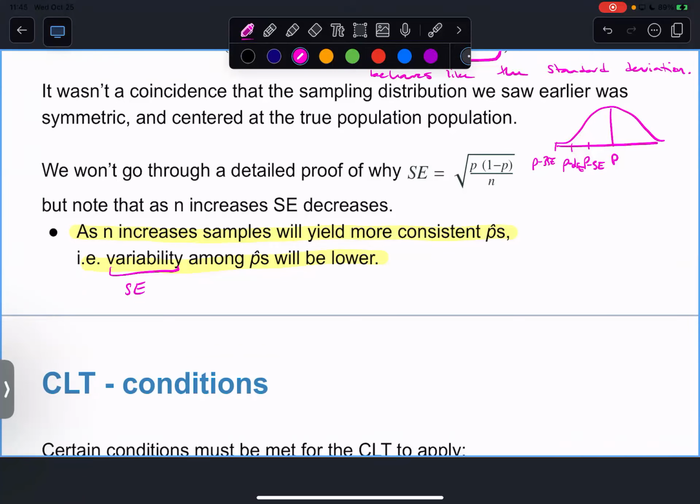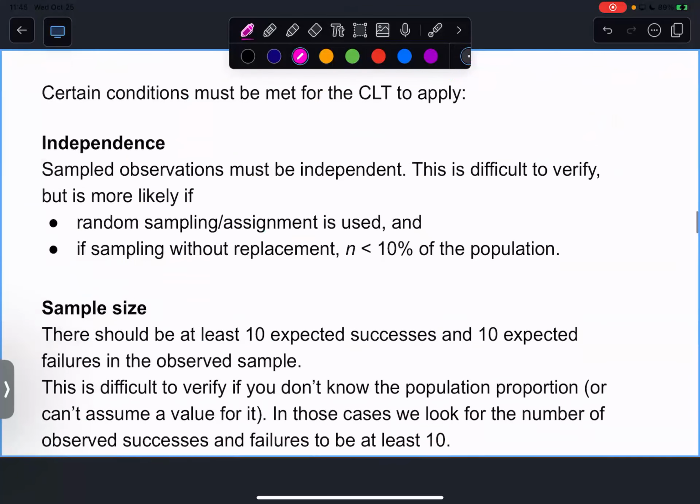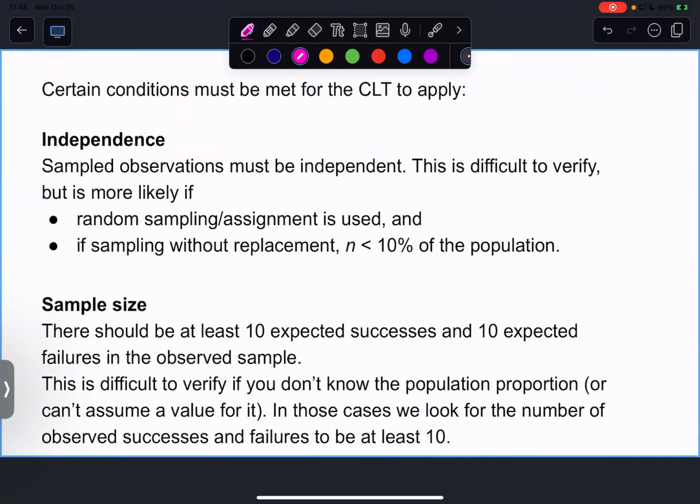We're going to have the same conditions here. So in order for the central limit theorem to apply, the sampled observations have to be independent of each other. That's just a fact. One of the main ways that we do that is by random sampling, right? Then I can assume that they're all independent of each other.